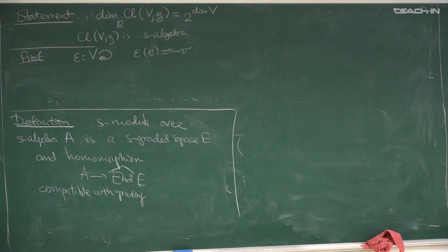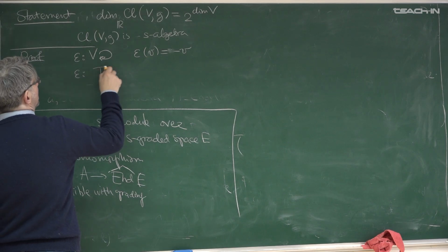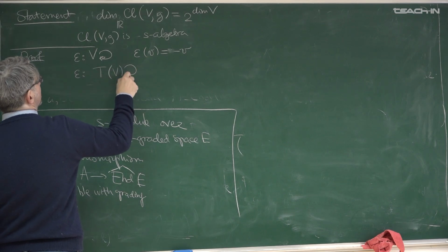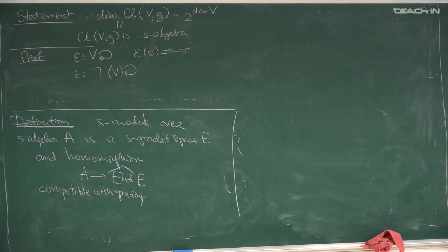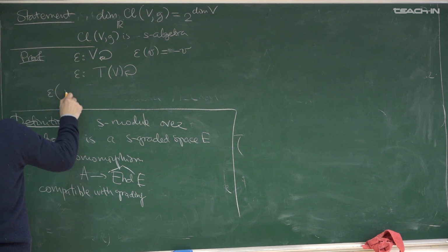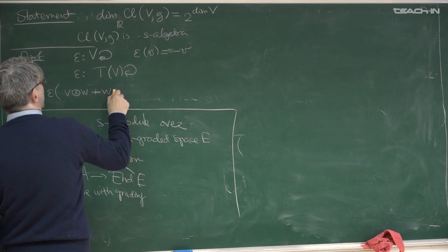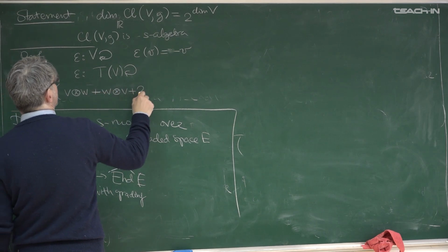What I want to say is that first of all, we can define an automorphism of the tensor algebra. You change sign at every vector you see in the expression. It's still a homomorphism, no problem. Epsilon applied to the relation: I want to check that epsilon preserves the ideal of relations.